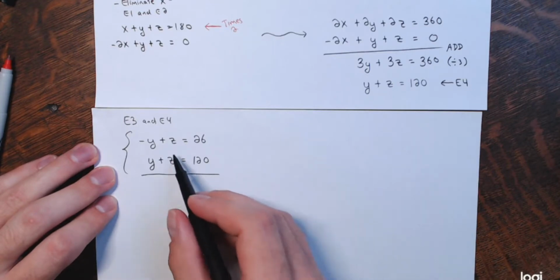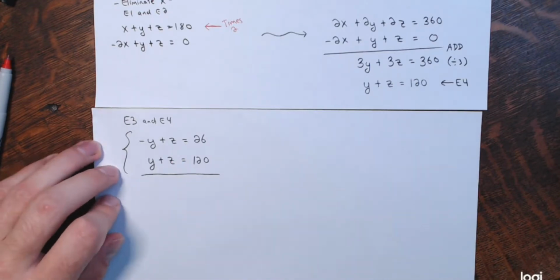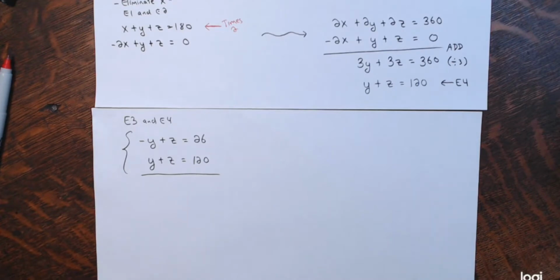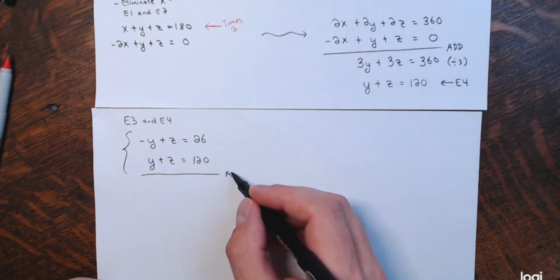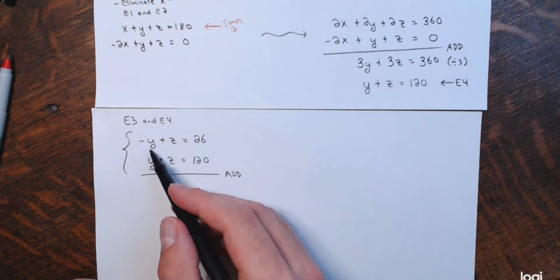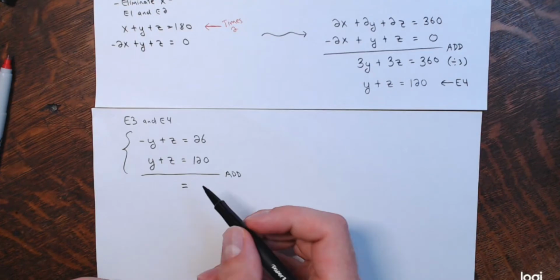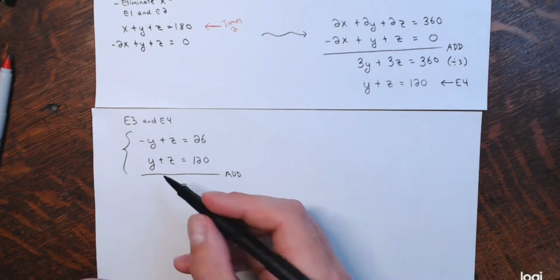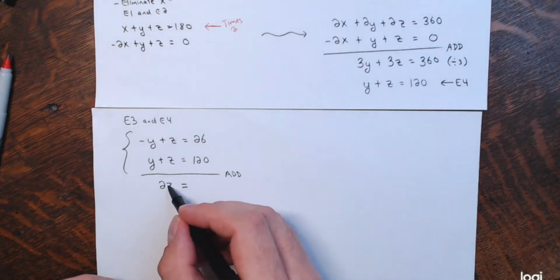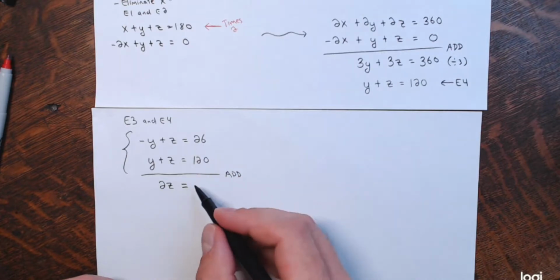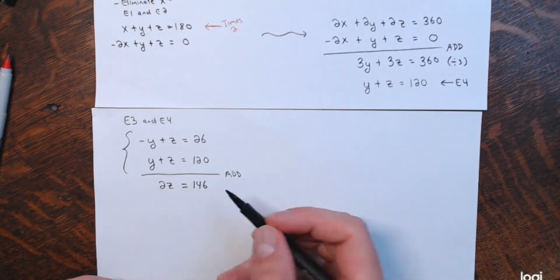I'm solving this system for y and z, and then going back to an equation with x and solving for x. Yet again, the coefficients of y are opposites, so I can add the equations now and eliminate y. There'd be 2z on the left and 146 on the right.